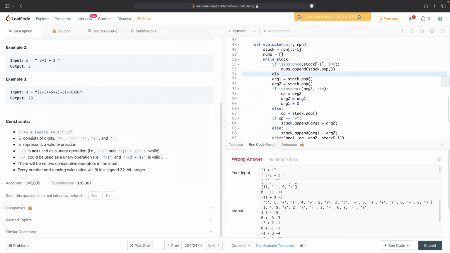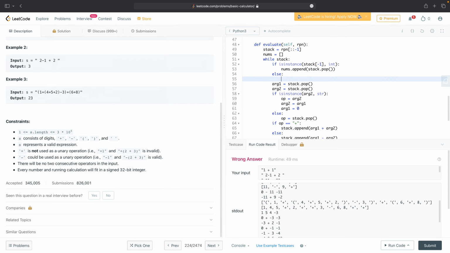Else, elif stack -1 is equal to a plus. Actually, no, let's do this slightly differently. Else op is stack.pop.